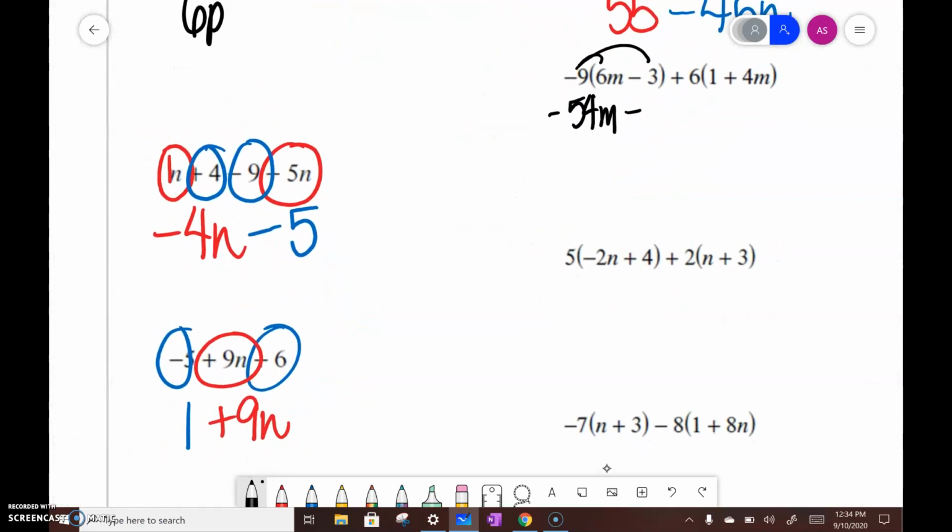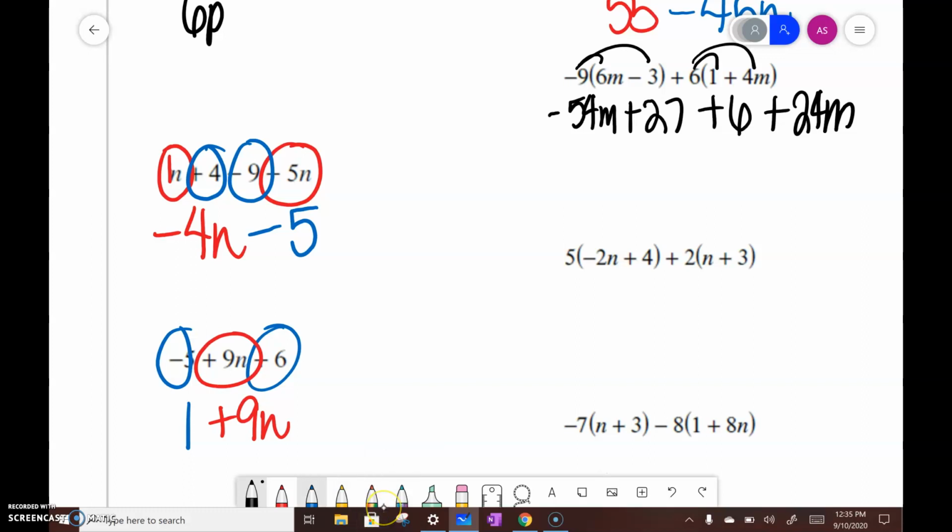All right, so we have positive 27. Then I'm going to go to this next part. And then I have plus 6, so I'm doing 6 times 1. And I have 6 times 4m, which will be positive 24m.